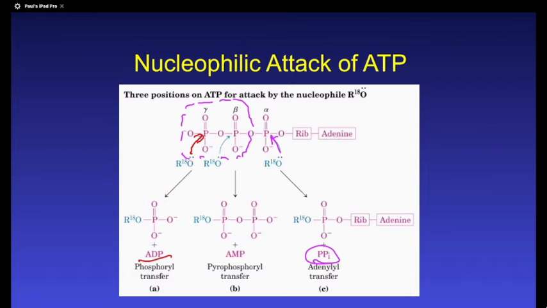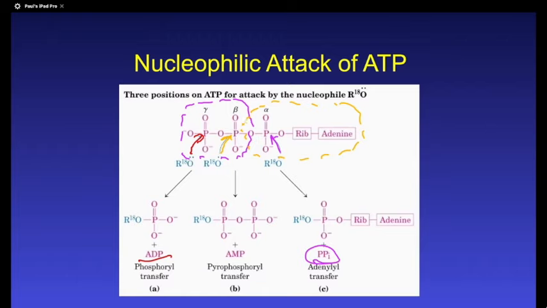Okay? That's the second most often thing that is attacked. The third is an attack at the beta. This is really rare. The beta will have 2 phosphates attached to the nucleophile coming in, and AMP is the leaving group.